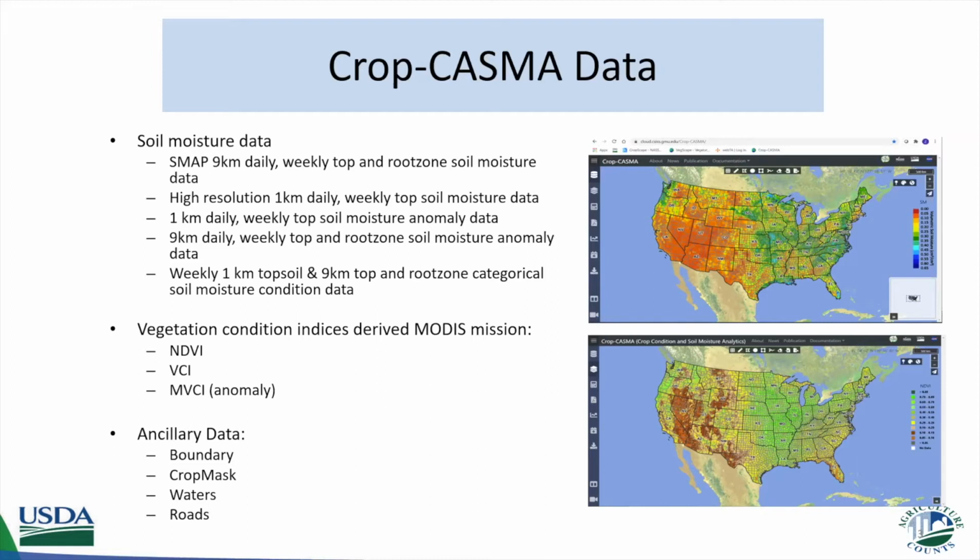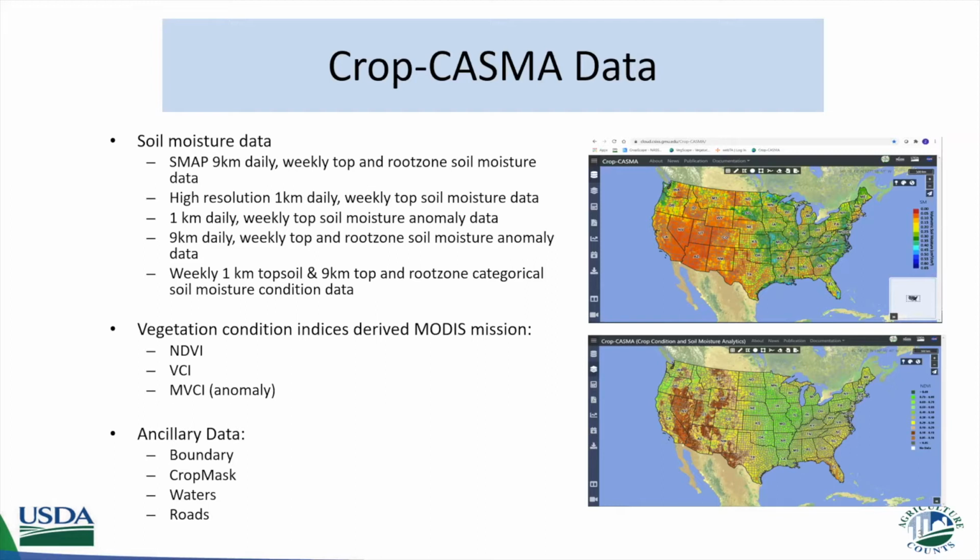This is the soil moisture condition map that is based on this soil moisture data and the NASS weekly report soil moisture condition data. So yeah, this is the derivative data we are going to focus on. Beyond that, we also have the vegetation index data, that's NDVI, VCI, and NDVI anomaly data.